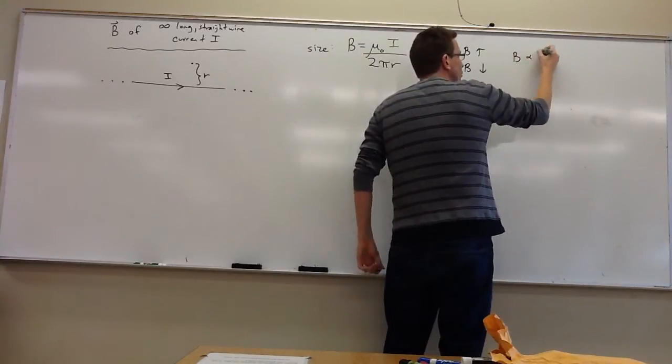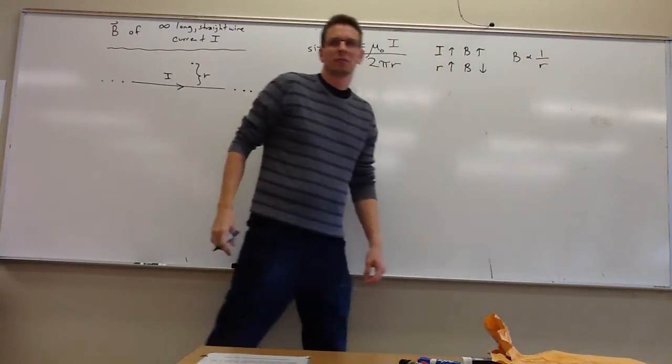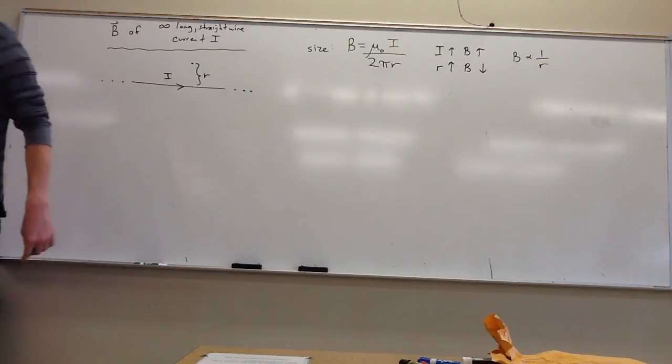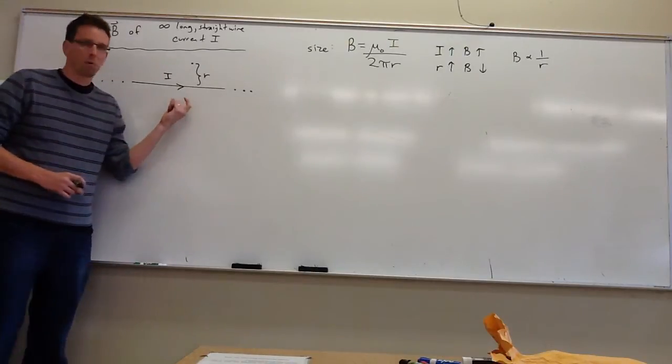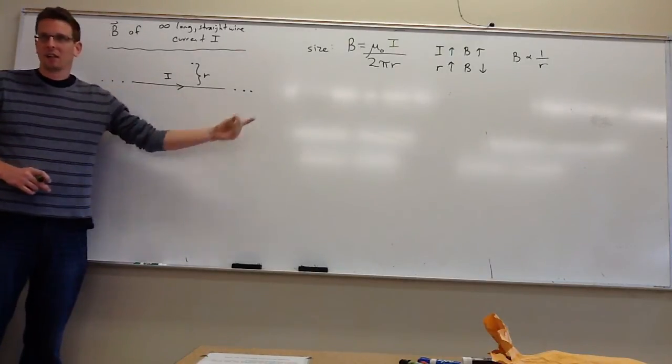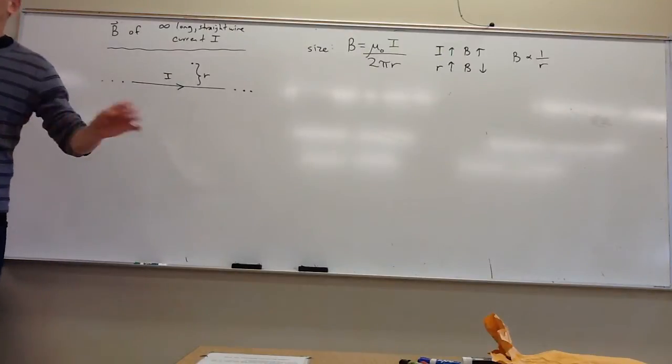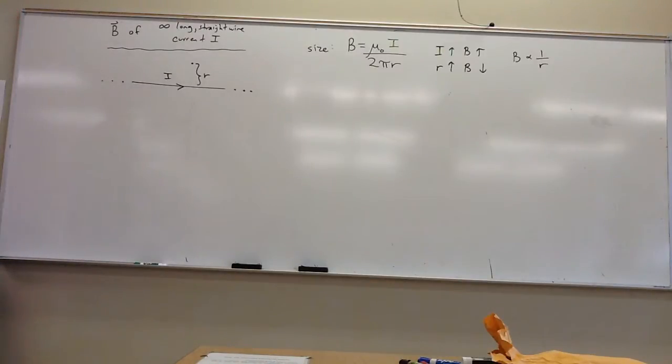B is proportional to 1 over r, which means, of course, that if you double the distance, you'll halve the field. It doesn't quite fall off as fast as a point charge, 1 over r squared. The reason for that, if you are interested in knowing, is because this isn't just a point, it's a whole line. And so it's got one infinite dimension, so the magnetic field is not going to fall off quite as fast.